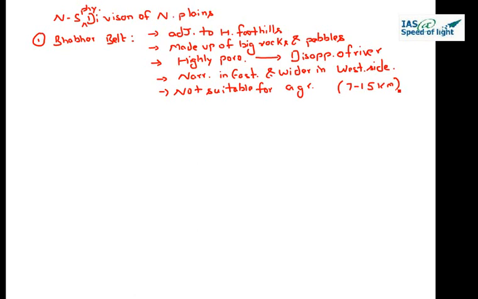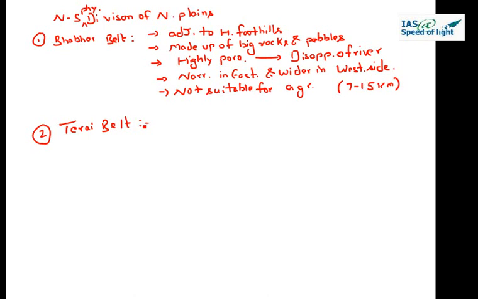Now this was the northernmost part. Now southern part of this Bhabar belt, we know that it is known as the Tarai belt. So it lies next to the Bhabar region and it's much wider than that. It is around 15 to 30 kilometers wide. And the rivers which disappeared in the Bhabar belt, they again reappear in this particular region. And it is marked mostly in the eastern region because of the high rainfall we get in the eastern side of India.